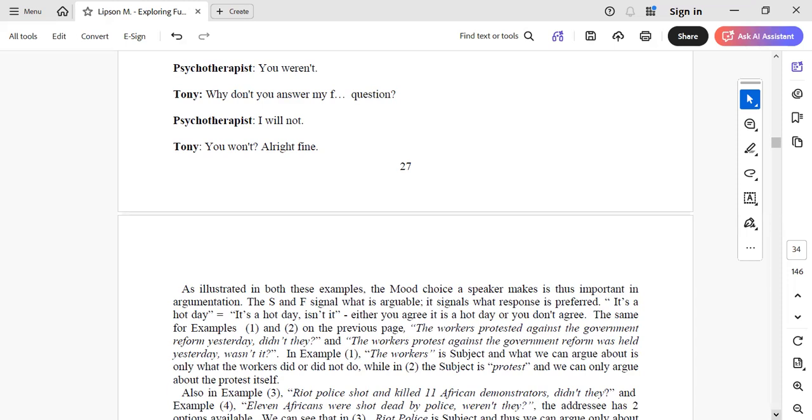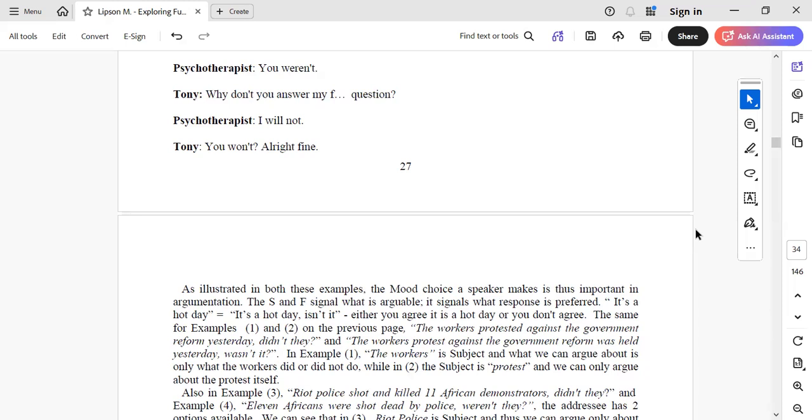In example 1, the workers is subject. What we can argue about is only what the workers did or did not do. While in 2, the subject is protest, and we can only argue about the protest itself. Now, what exactly are they trying to tell you? When we have the subject, the subject actually builds the argument.